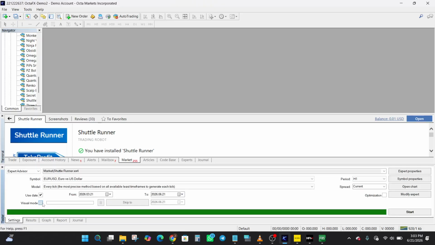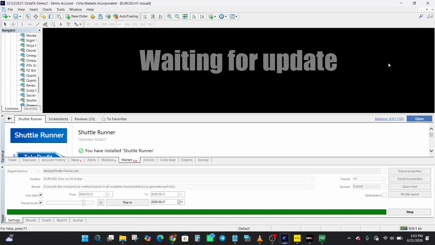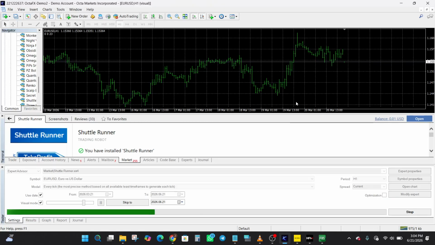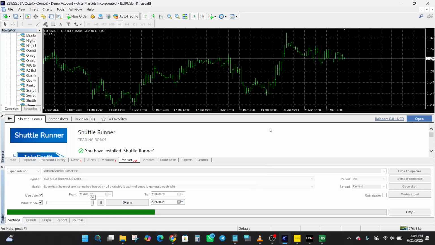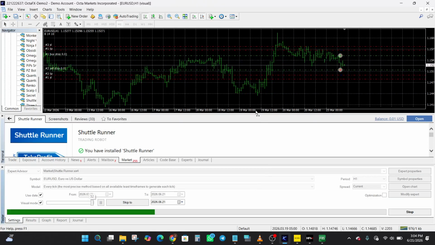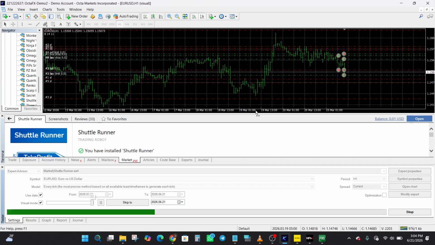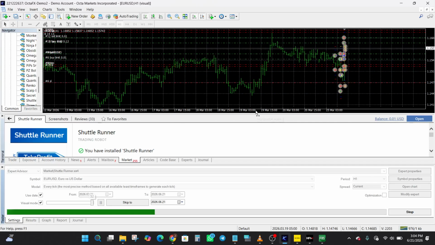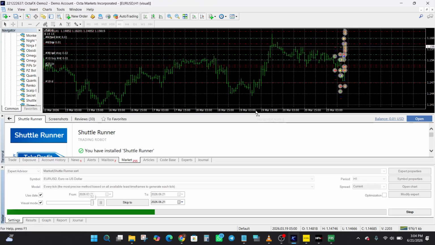But let's turn on the visuals so that we can also see this EA in action. Okay, so the historical trade placements appear to reflect the channel-based approach described on the marketplace page, where positions can be opened in opposing directions as price moves within a defined range.